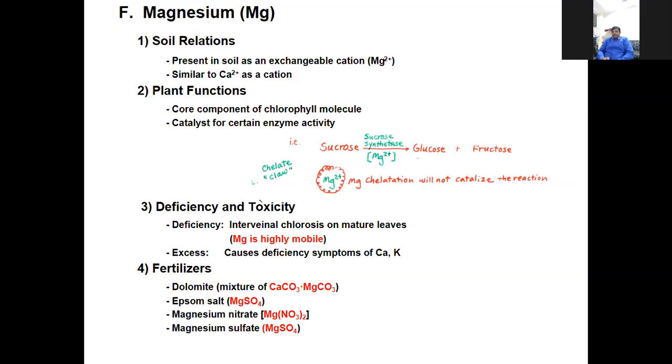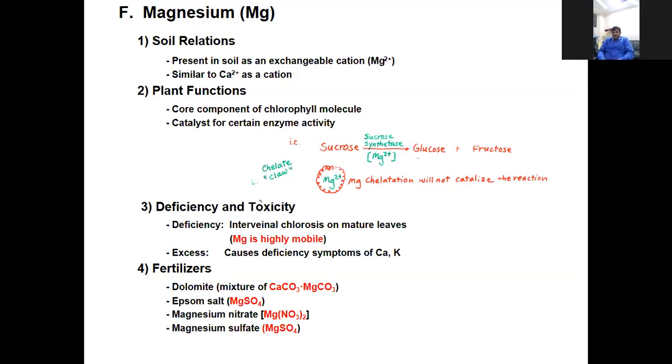Third, deficiency symptoms and toxicity symptoms. Interveinal chlorosis on mature leaves is the deficiency symptom of magnesium. And toxicity of magnesium is that it causes deficiency symptoms of calcium and potassium. It is also an antagonistic effect.